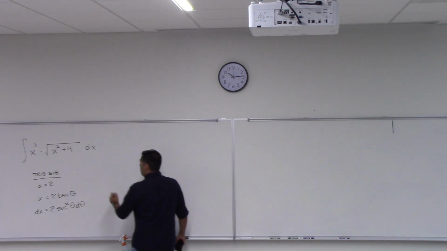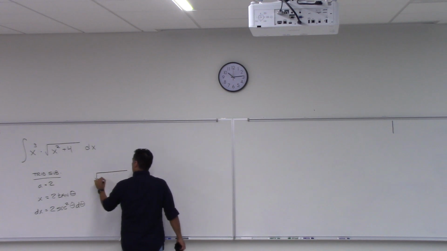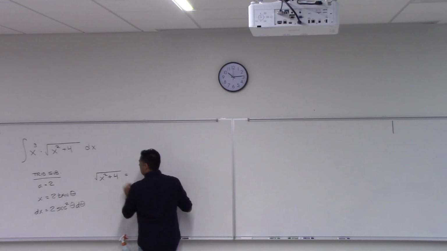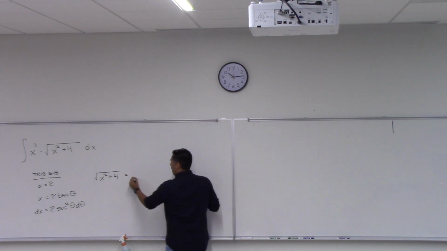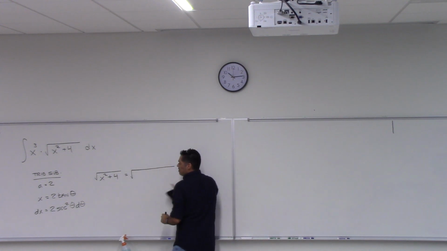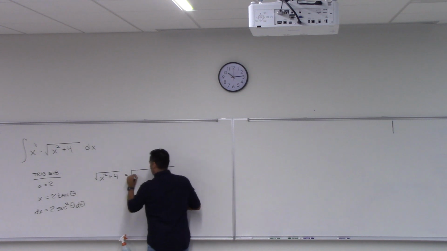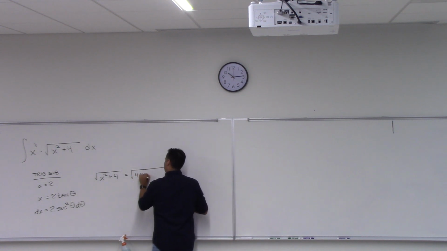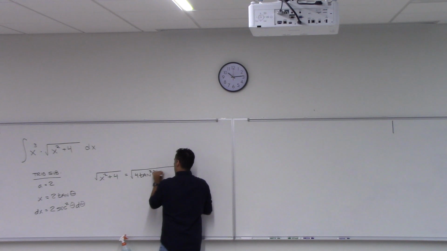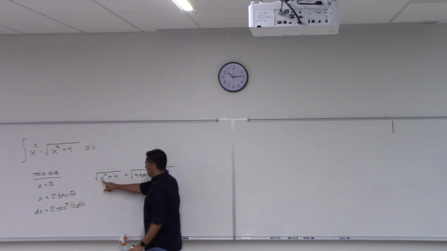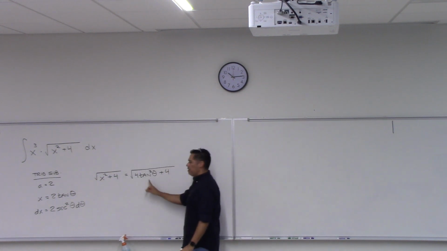Now I also want to figure out what the square root of x squared plus 4 turns into. This should turn into something nice. So what is x squared for us? It's 4 tan squared theta plus 4. All I did was replace the x with that, squared it, and put it here.